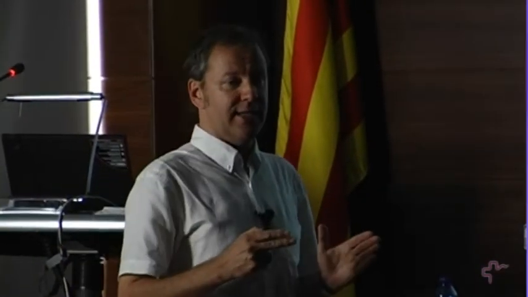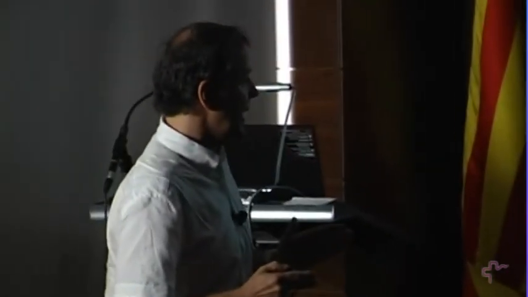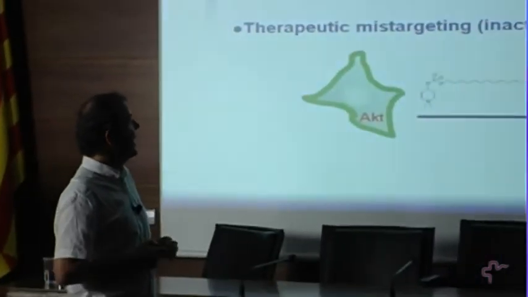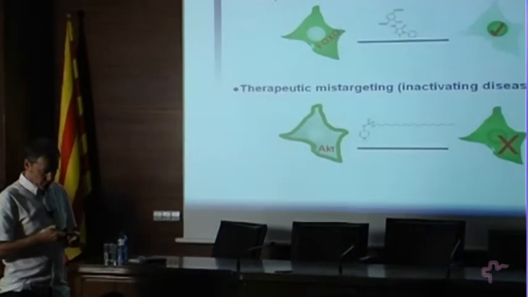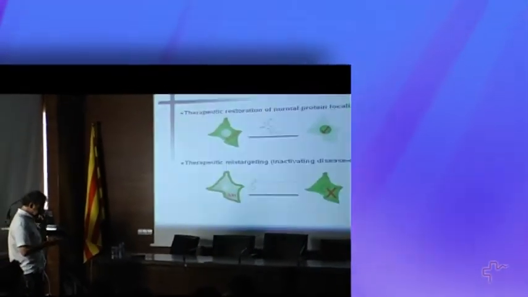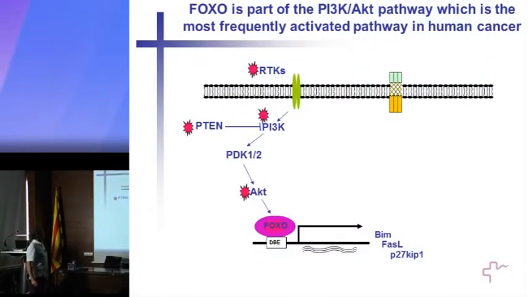AKT is activated in many cancers, and to be activated, AKT has to be localized at the plasma membrane, and periphosin blocks this localization, mislocalizing AKT and inactivating this oncokinase. Our lab is interested in using the first strategy to restore Foxo protein function.